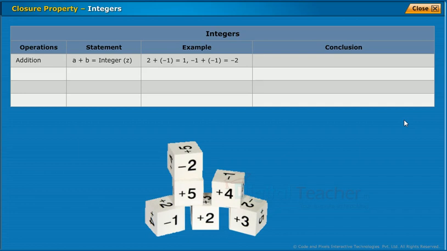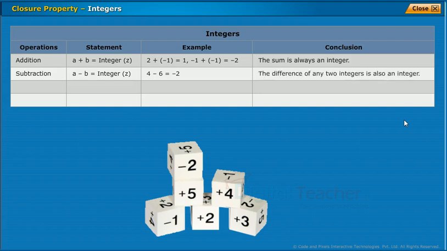It concludes that the sum is always an integer. Under subtraction, it states that the difference of two integers is again an integer. For example, 4 minus 6 is equal to minus 2, which is an integer. It concludes that the difference of any two integers is also an integer.